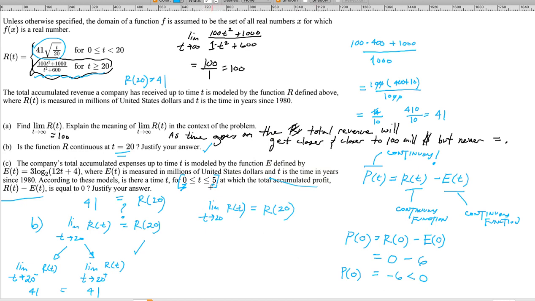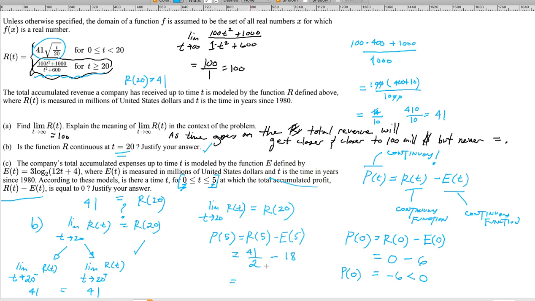And now I'm going to find out what p of 5 is, the other endpoint here. And again, that's r of 5 minus e of 5. Now, r of 5 is 1/4, the square root of 1/4, which is 1/2. So this is 41 over 2 minus e of 5, which is going to be log base 2 of 64. Log base 2 of 64 is 6. And then that's 18.